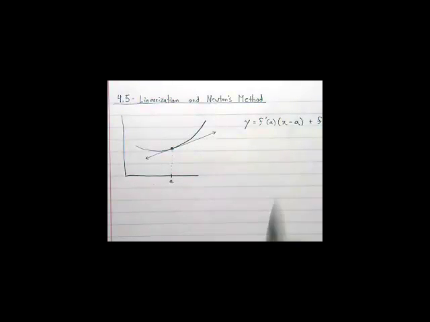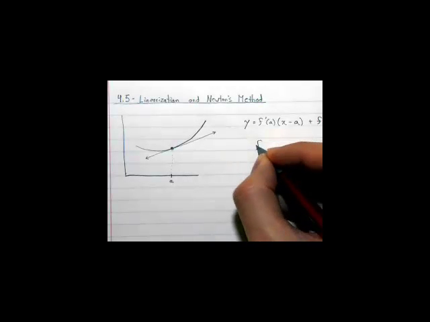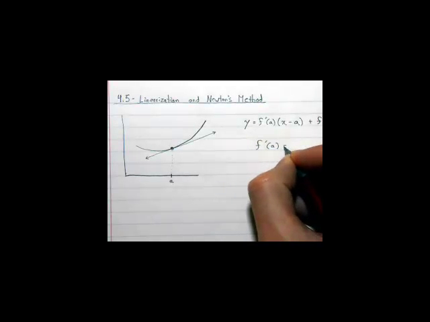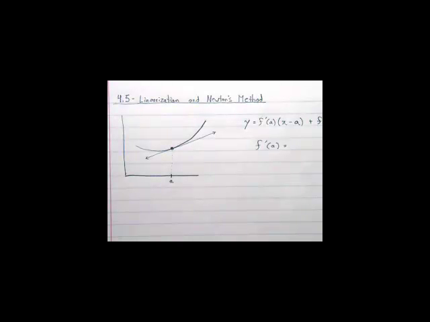Now, let me just do something real quick to show you where that comes from. Your derivative is a measure of slope, right? So a slope would be the change in y over the change in x, or another way of looking at that would be y minus f of A over x minus A. All I've done is take these two, which are equal to each other, and solve for y.